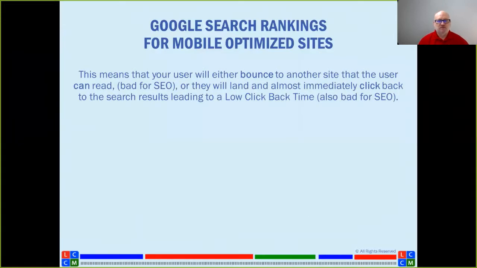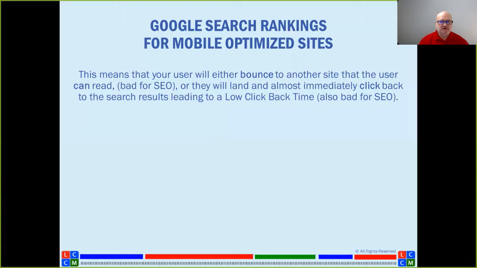Google search rankings for mobile optimized sites. This was a question asked by BJ a little bit earlier. We talked about how they'll bounce to another site that the user can read. So if you've still got an old site and you're having to push and pull and move around to even try to read anything, that's not a well-optimized site.